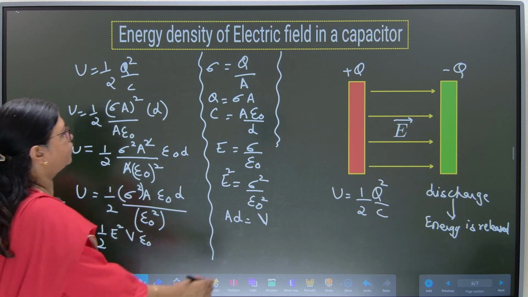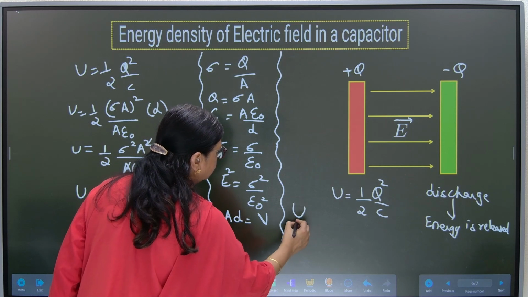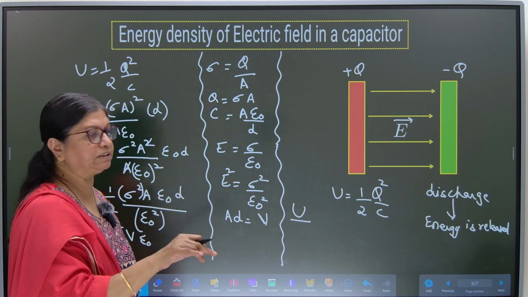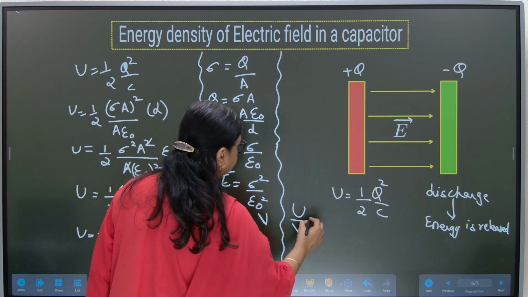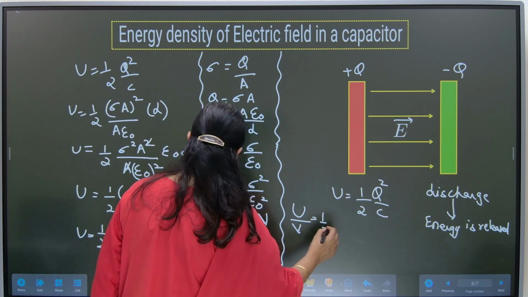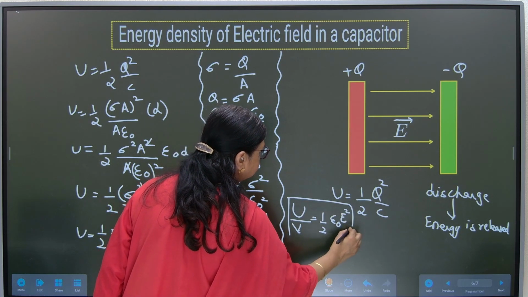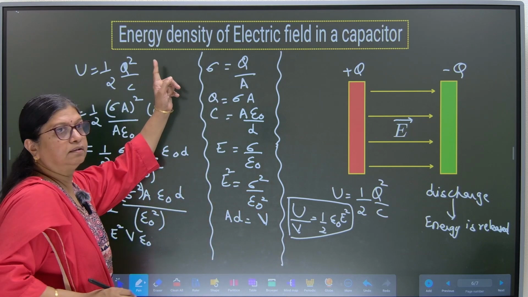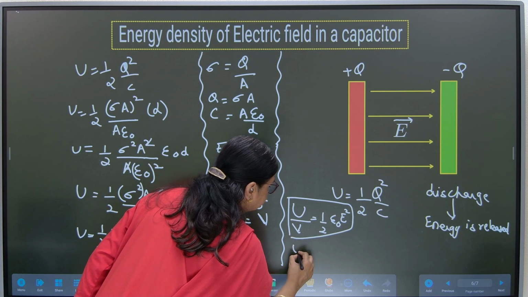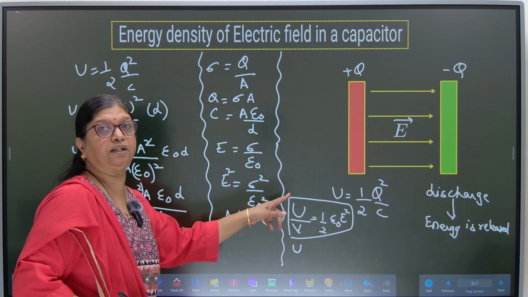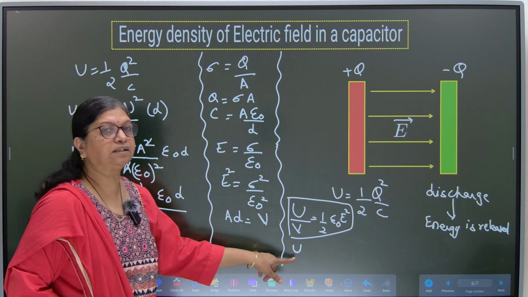So I can rewrite this equation as U, the potential energy or energy stored in the capacitor, upon volume, bringing volume down there, is equal to half epsilon naught E square, which is the energy per volume, called energy density, denoted as small u. This is capital U, this is small u. So energy per volume is energy density.